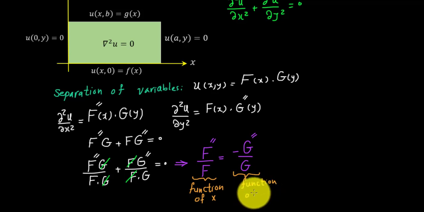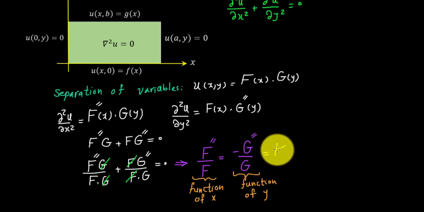It is not a big surprise. But how is this possible that a function of x is equal to another function of y, of course, with the assumption that x and y are two independent variables? It's impossible, right? Unless this ratio is just a constant.